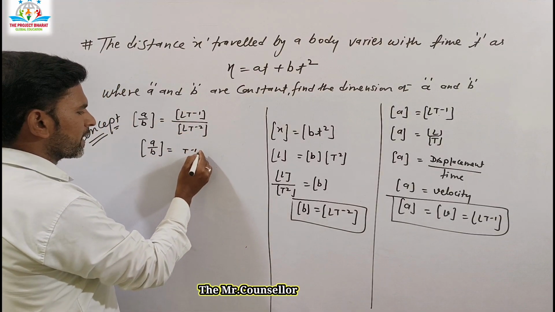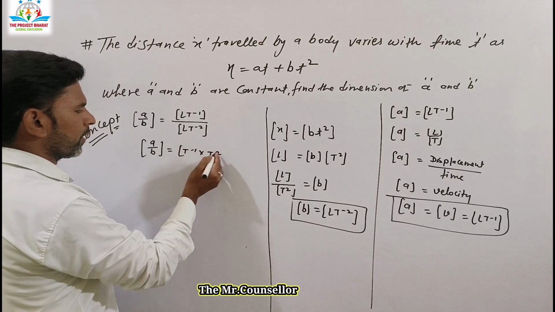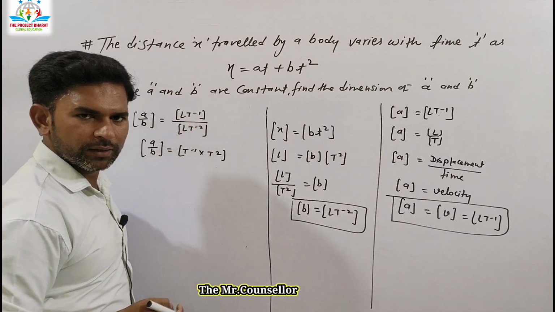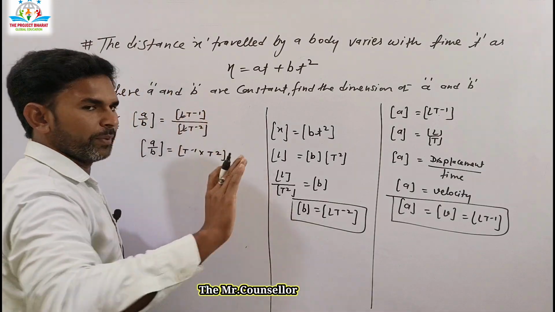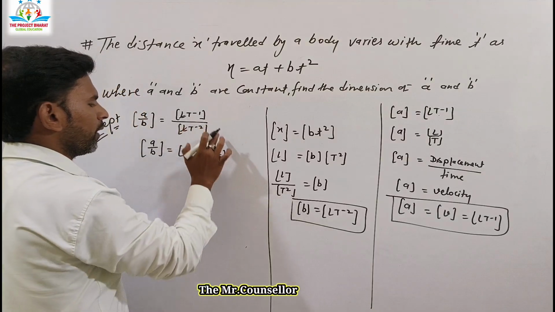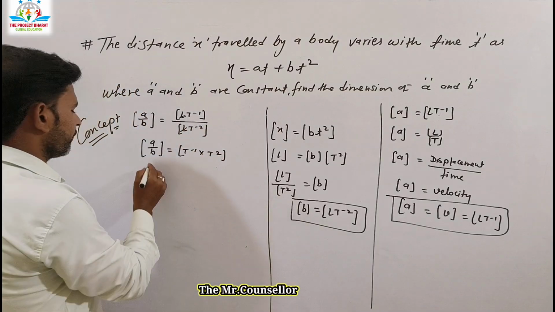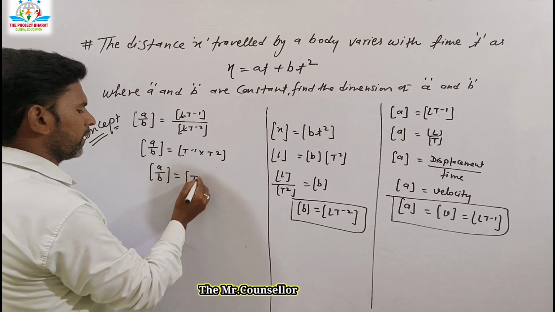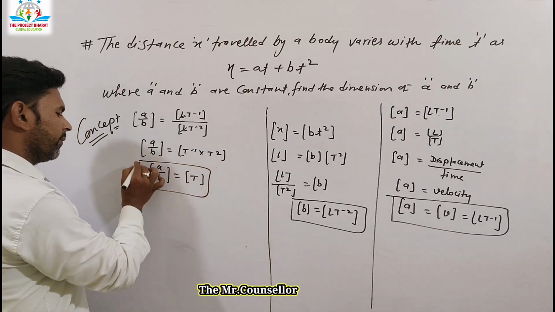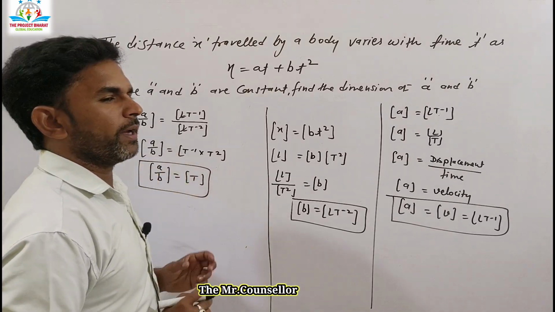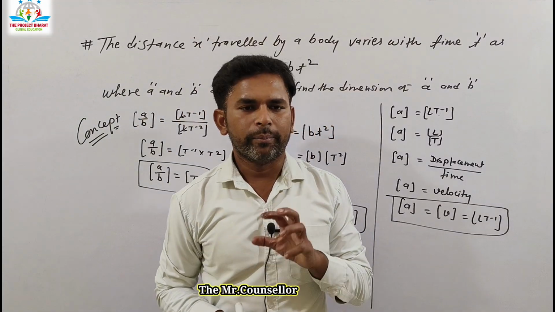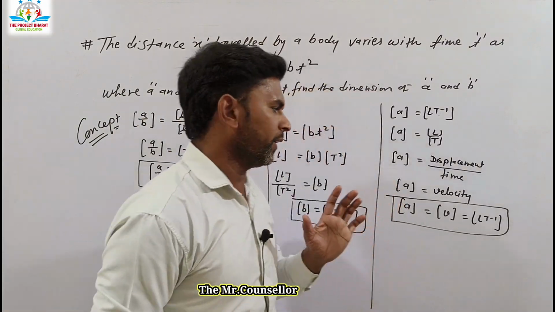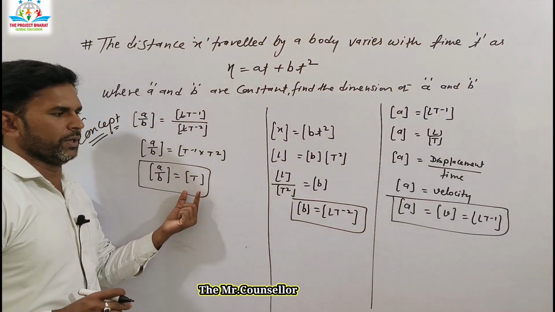So T minus 1 multiplied by T square, because T minus 2 will come upside. So A over B is only T. It means the ratio of A upon B basically indicates the time period.